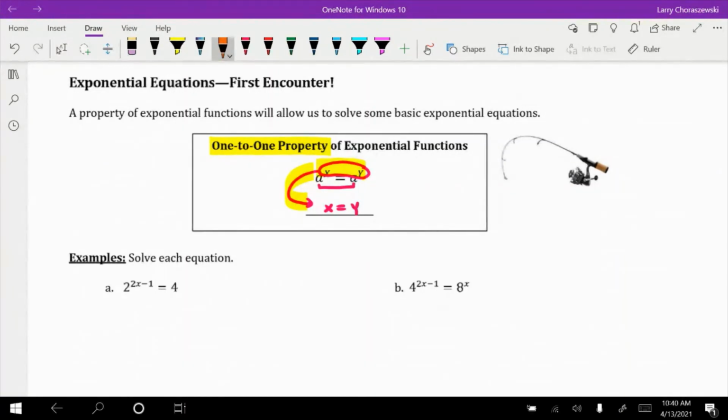Stated differently, equal bases implies equal exponents.